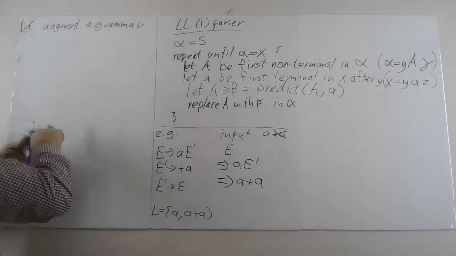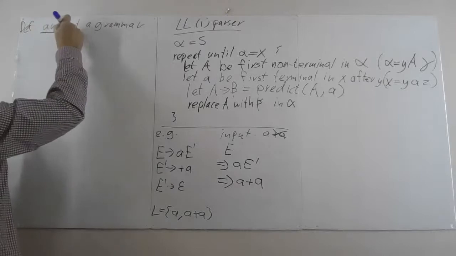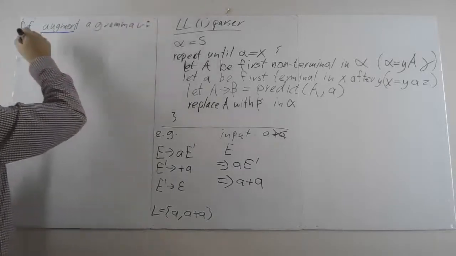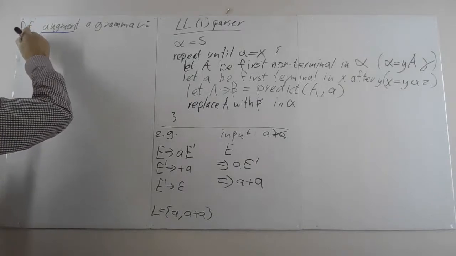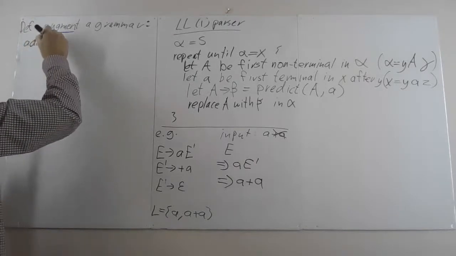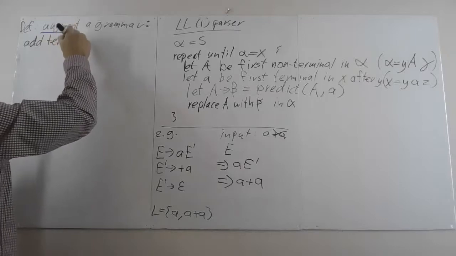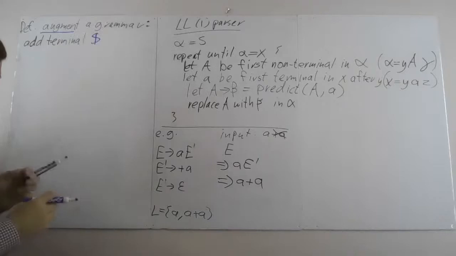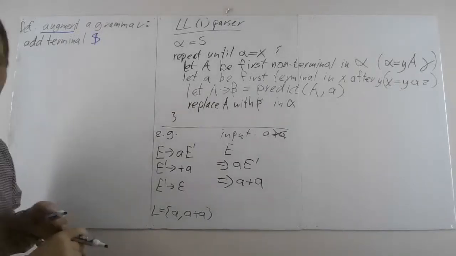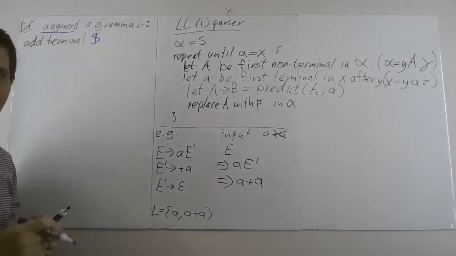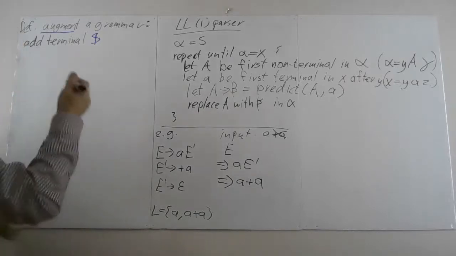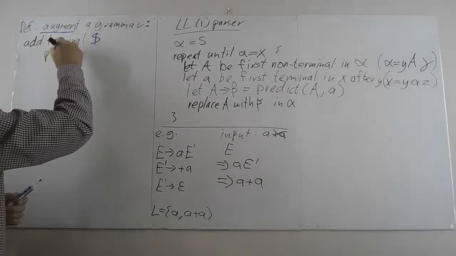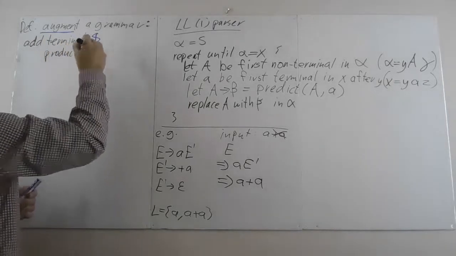What this means is I'm going to add a terminal, and the traditional symbol to use for this is a $ sign. So I'm going to add a terminal symbol and add a production rule.